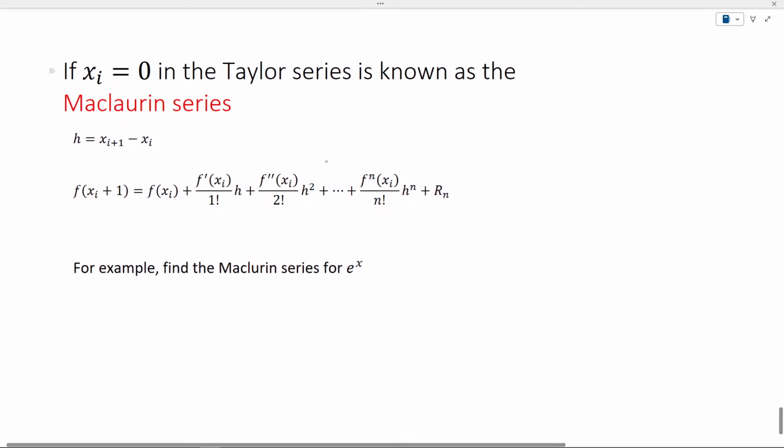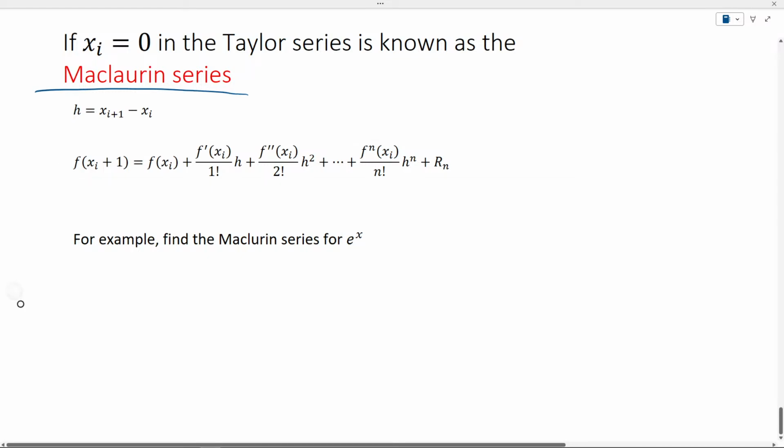So if xi is equal to 0 in Taylor series, this is known as the Maclaurin series. So what does this mean? Let's say my h is equal to xi plus 1 minus xi, and this is my function. This is what we already know, there's nothing new here.